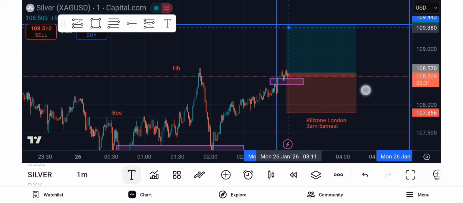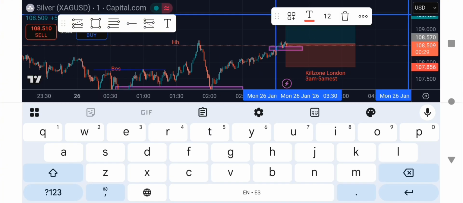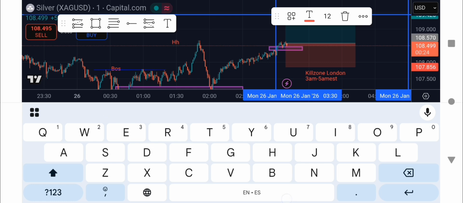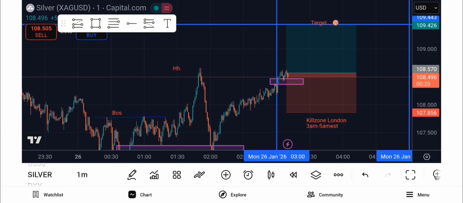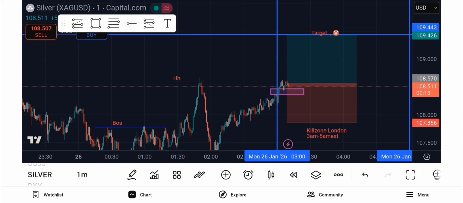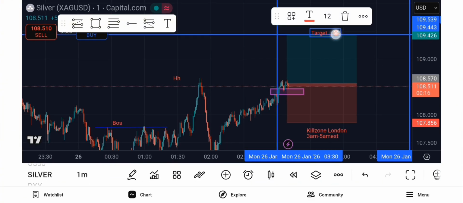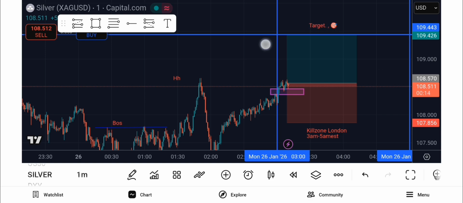Our target is up here. And we're gonna wait and see what happens on silver.